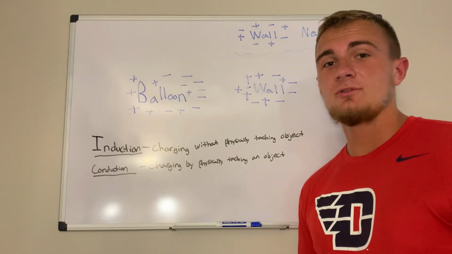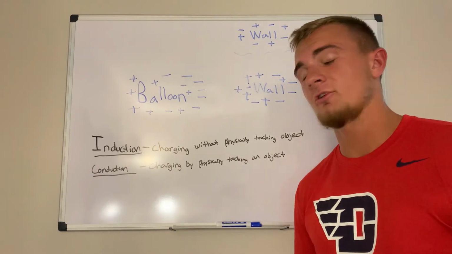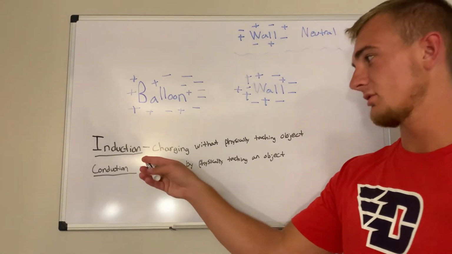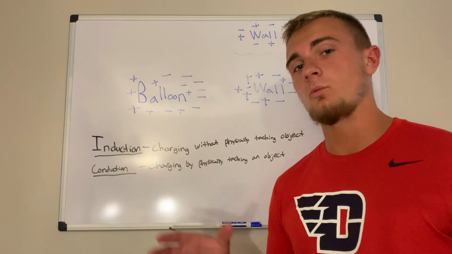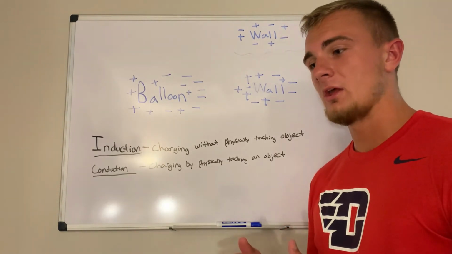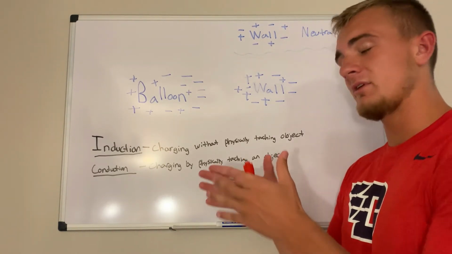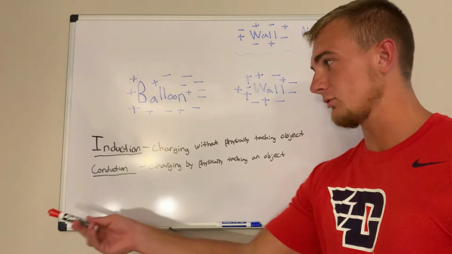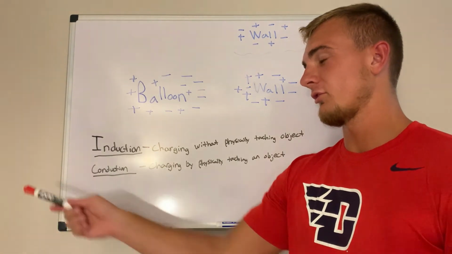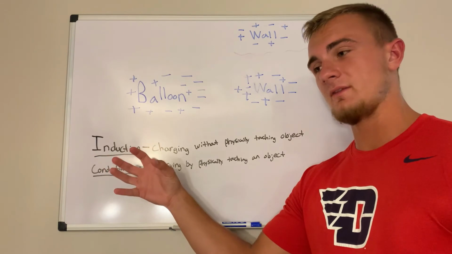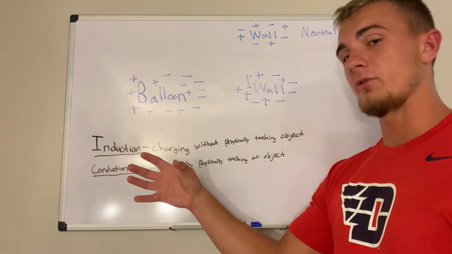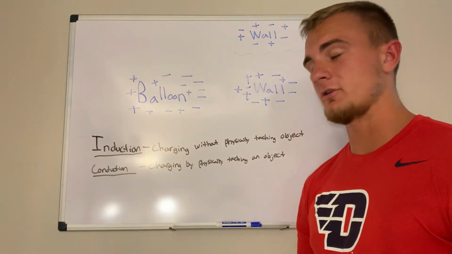So here I have shown the two vocabulary terms we talked about. Induction, which we saw when the balloon came to the wall, which is charging without physically touching an object. So when this balloon got closer and closer to the wall, there was a shift in the neutral wall for the positive charge to come towards the surface.